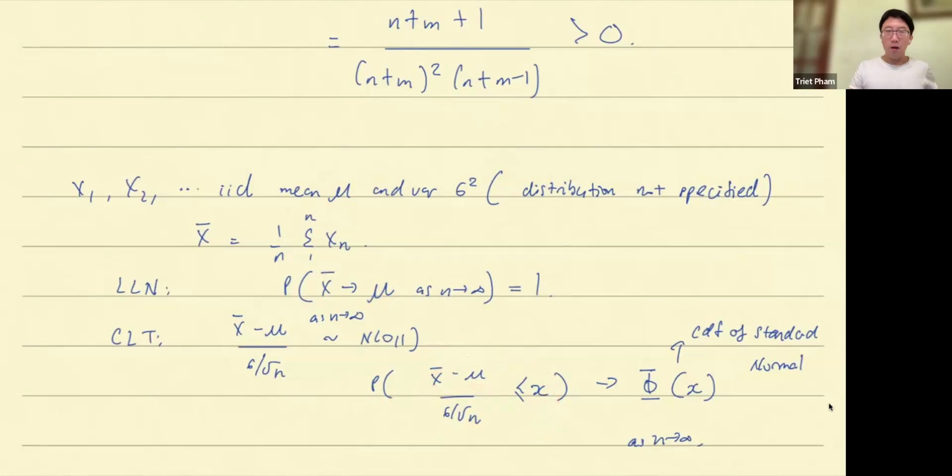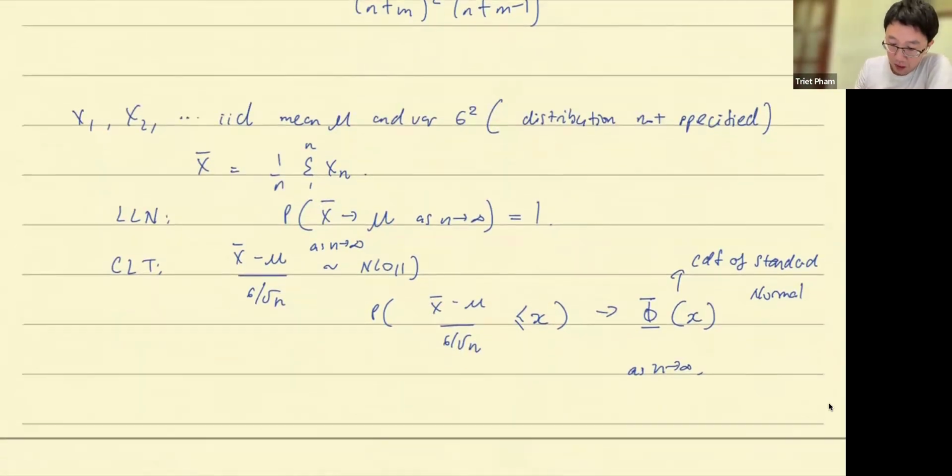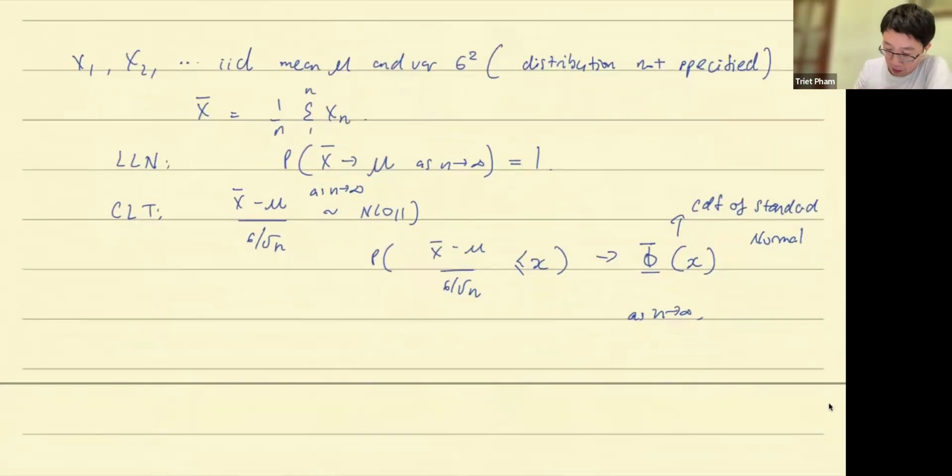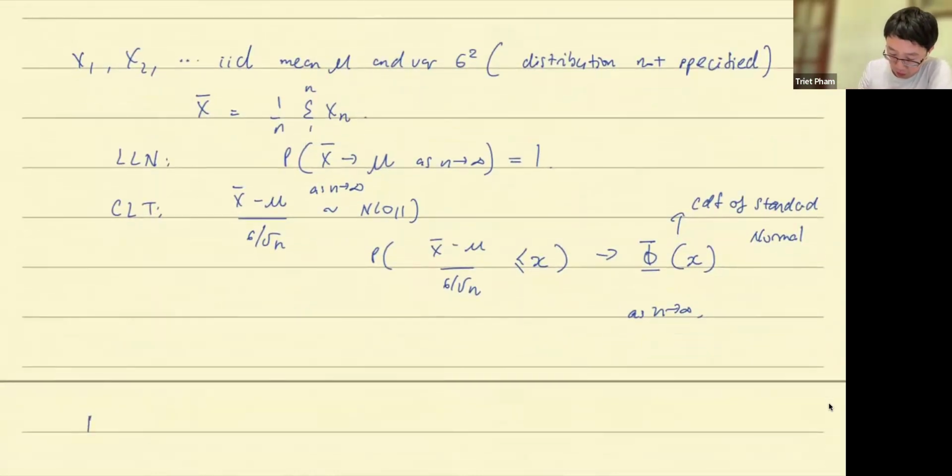Now, there are tons and tons of ways for the central limit theorem and the law of large numbers to be used. The applications are a lot. But let me tell you some applications in terms of statistics.